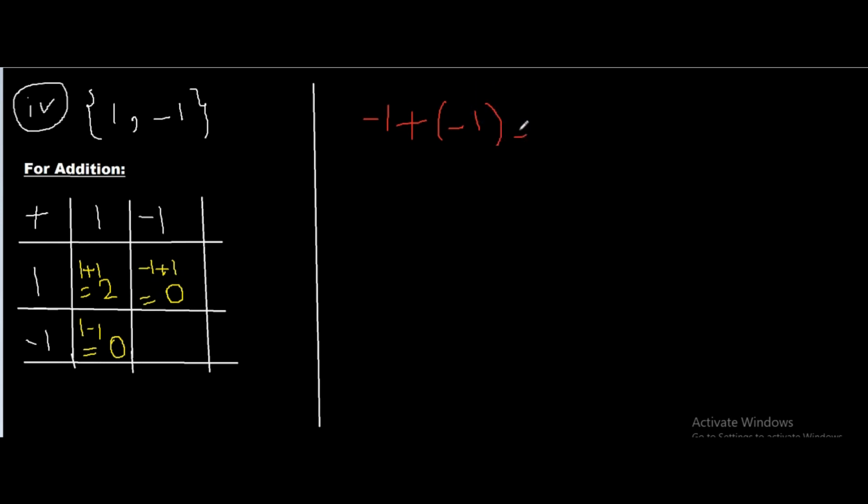Both of these are added with each other. -1 and plus minus is minus, again -1. So -1 minus 1 is -2. Therefore you have to write -2 in this box, or you may write the complete procedure as well. Either way it is -2.